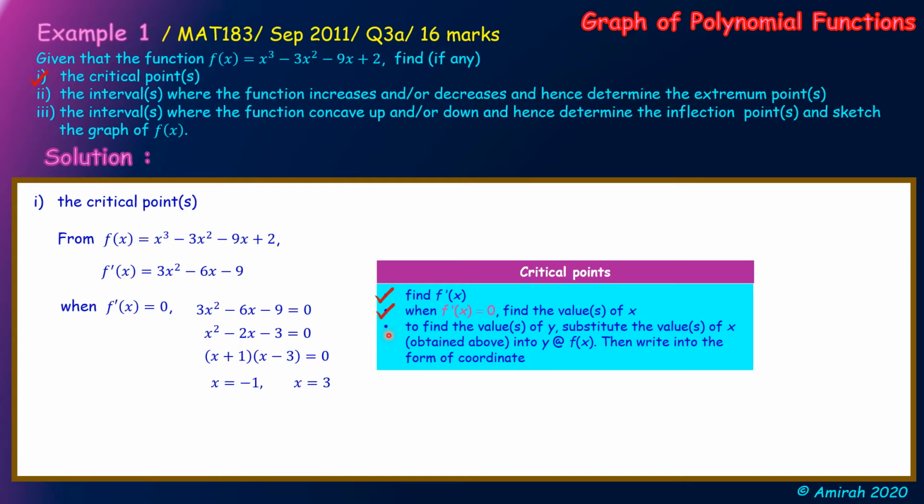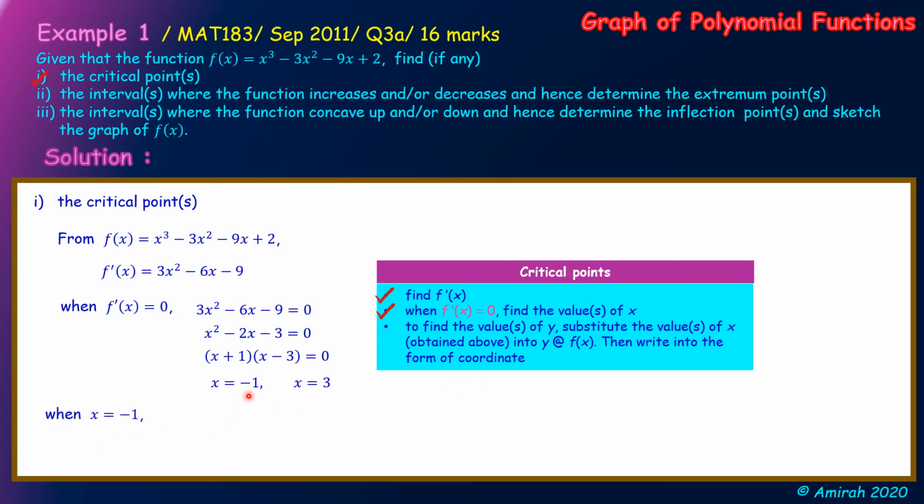Now we are done with step 2. After that, to find the value of y, we need to substitute the values of x obtained here into f(x). Then we write it in the form of a coordinate, because a point means we need to express it as a coordinate.